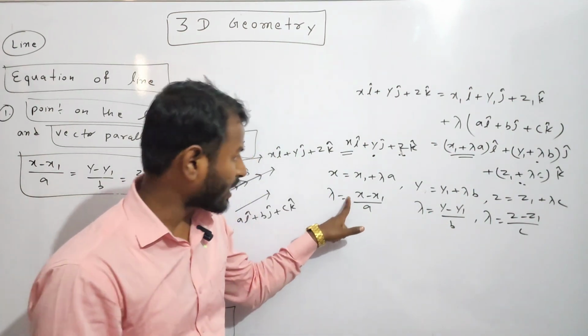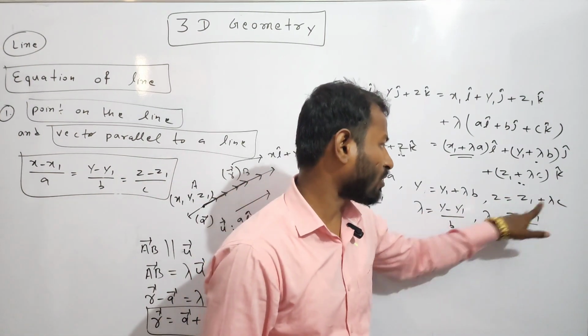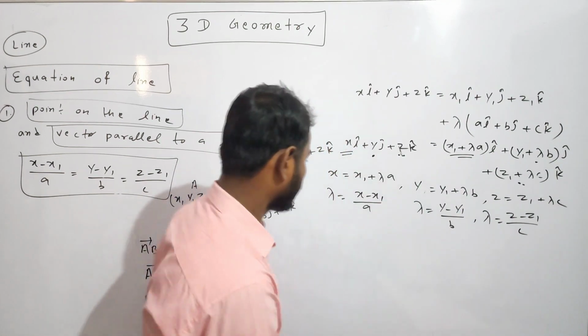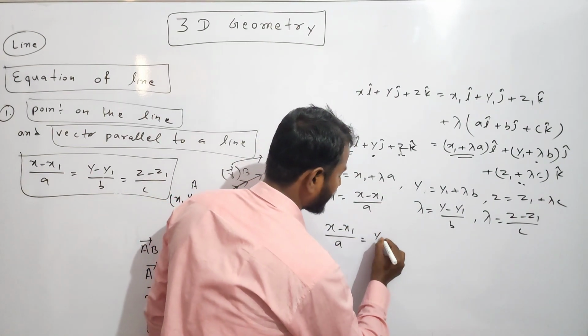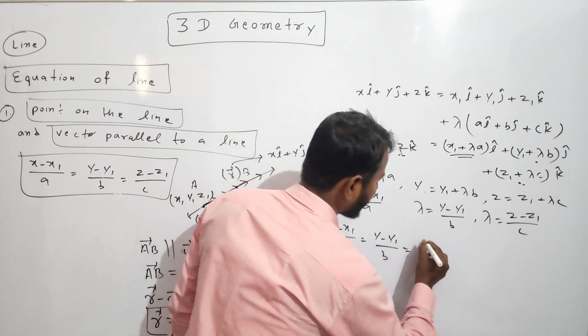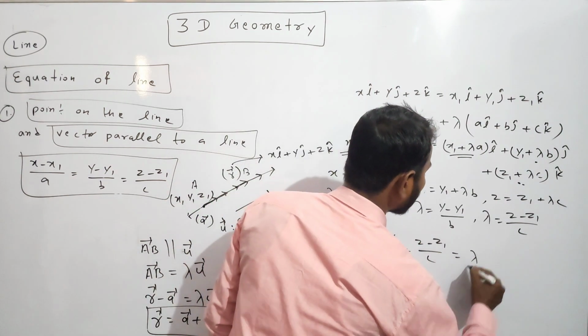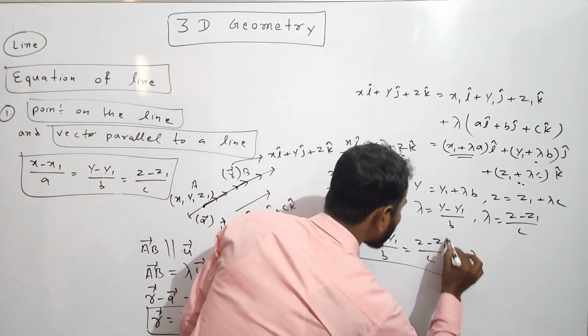All three are lambda, so they must be equal. So finally we can write x minus x1 by a, equals y minus y1 by b, equals z minus z1 by c, is equal to lambda. So this is the Cartesian form.